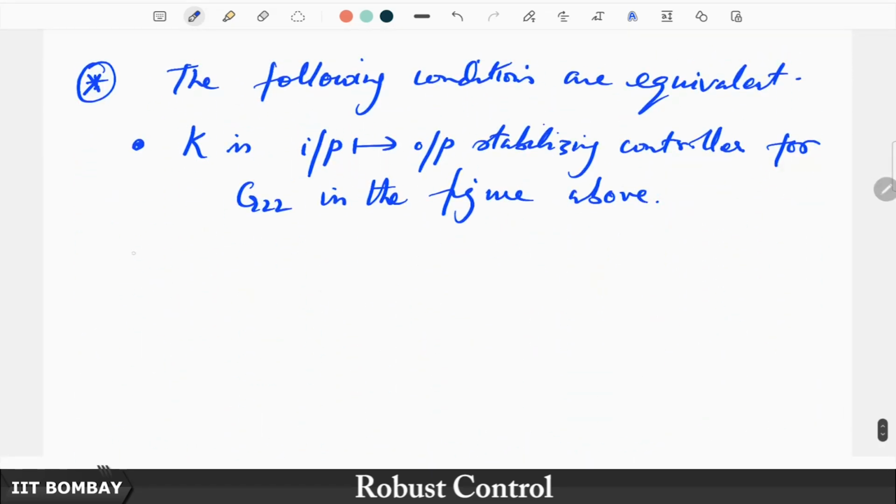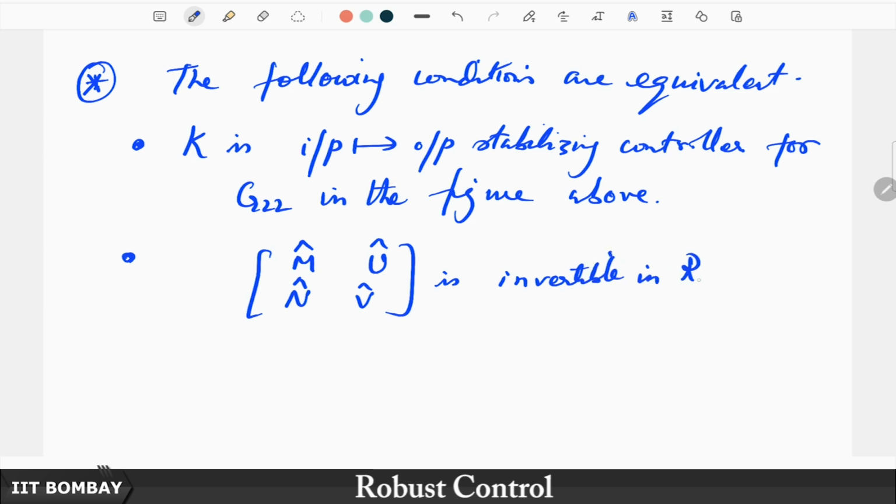So, this is equivalent to, hold on, it says that the matrix with M hat, U hat, N hat, V hat is invertible in RH infinity. So, why is this important? For the simple reason that the first condition is what we are looking to achieve, and the second condition gives us a clue as to what condition must be met so as to achieve the first objective.